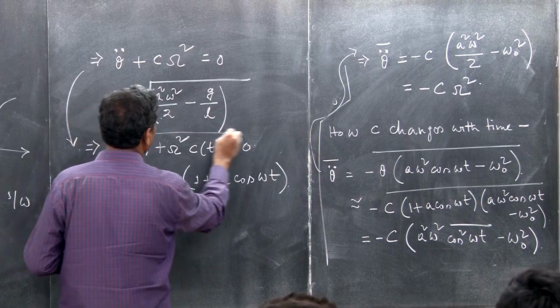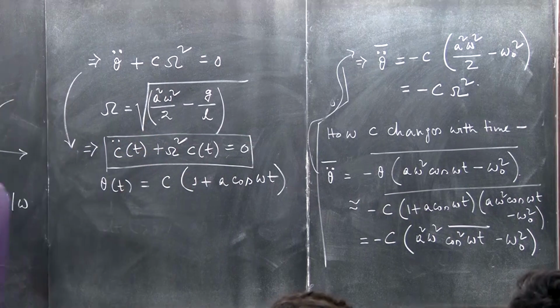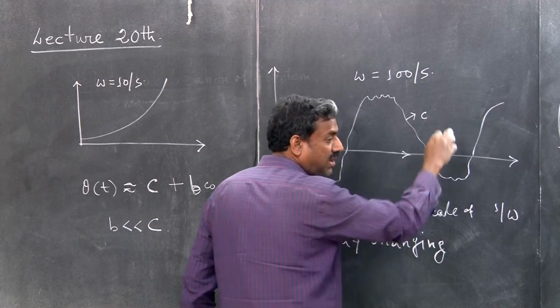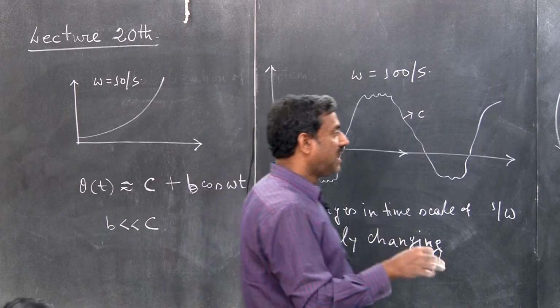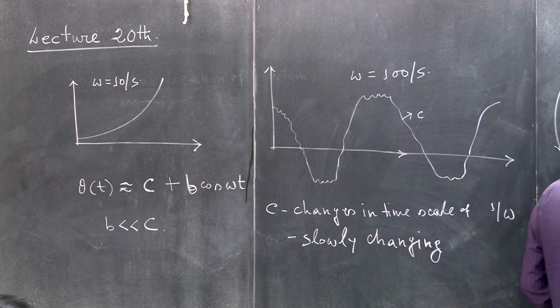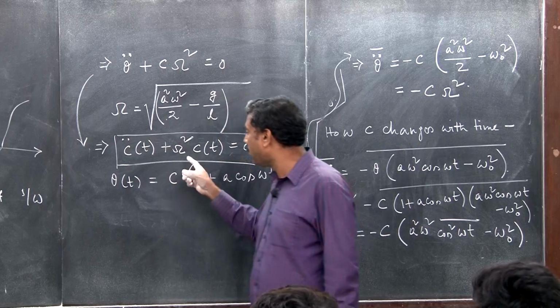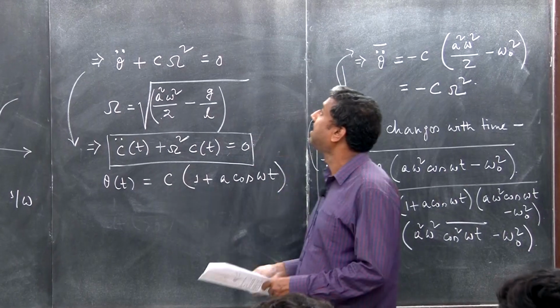That is the equation for the slowly varying component, on which the high frequencies are ridden. The slowly varying component oscillates at a frequency of capital omega.